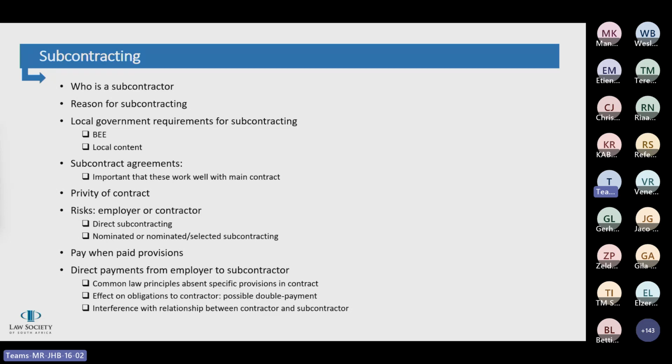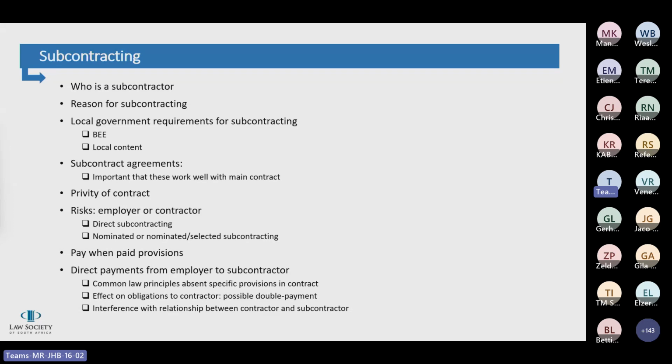So in May 2015, the Minister of Public Works issued a notice of intention to amend the Construction Industry Development Regulations, which are published under the Construction Industry Board Act, to include what was referred to as prompt payment regulations.